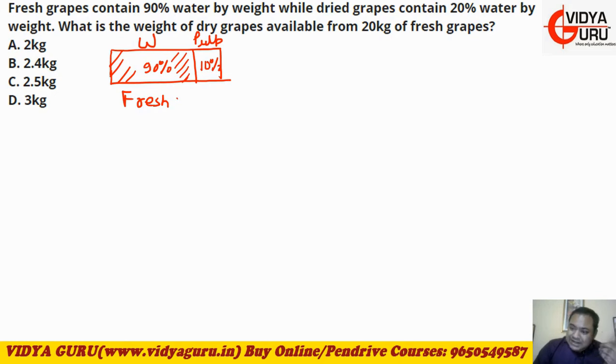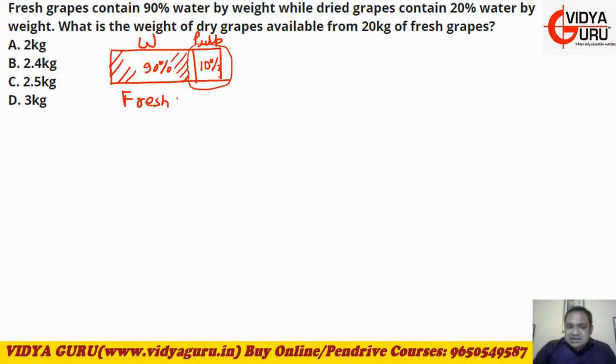The pulp will neither decrease nor increase, in terms of percentages or quantity. Suppose the pulp is 2 kg now, then even after drying you will notice that the pulp is still 2 kg, because evaporation or drying affects only the water content, not the pulp.